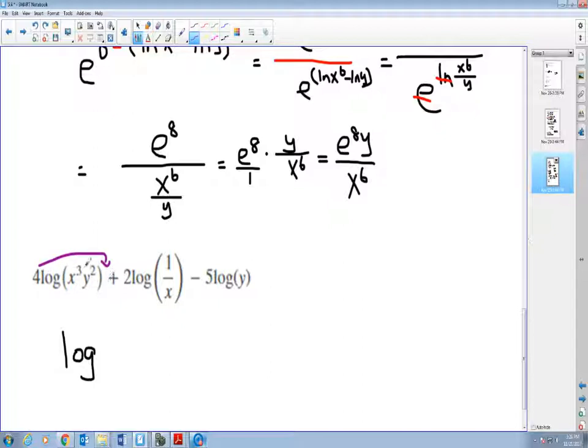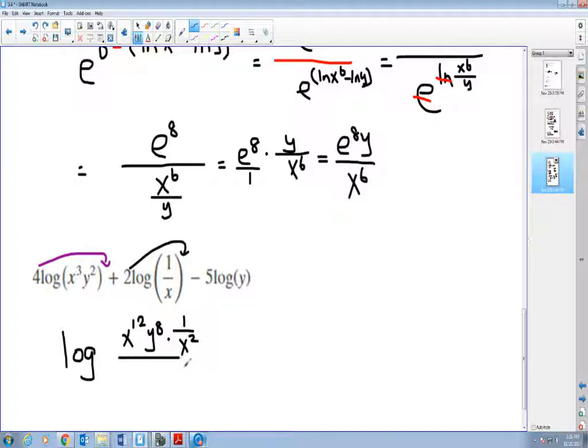Now 4th power out here, use the power rule, that will give me x to the 12, y to the 8 times, this 2 back up here, apply power rule, 1 squared is 1, over x squared is x squared.